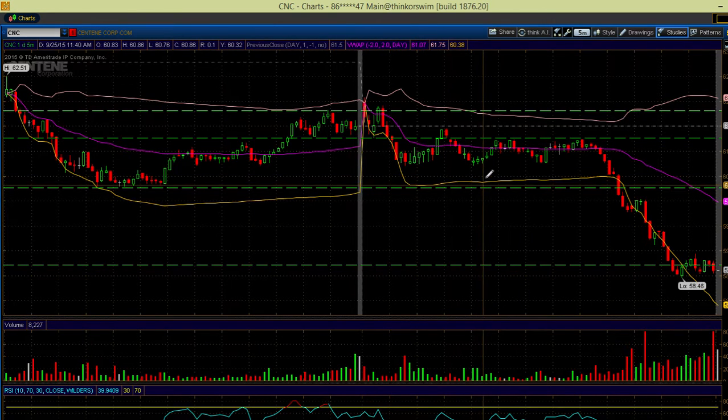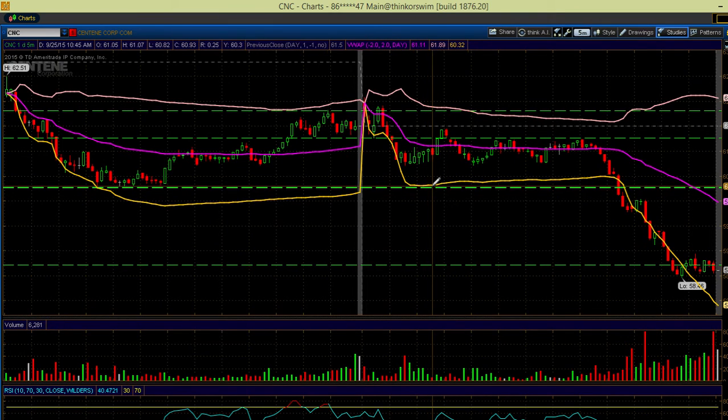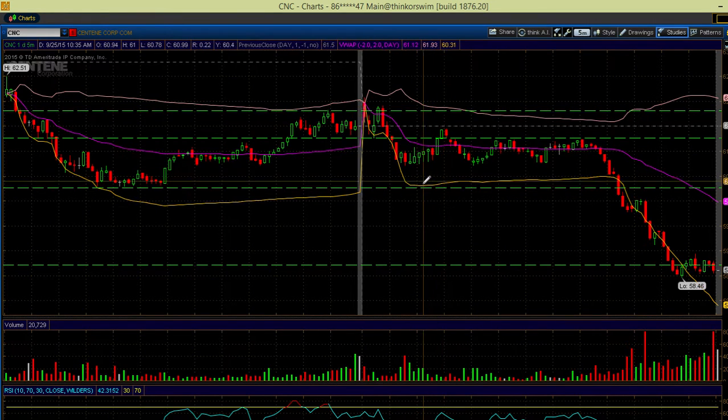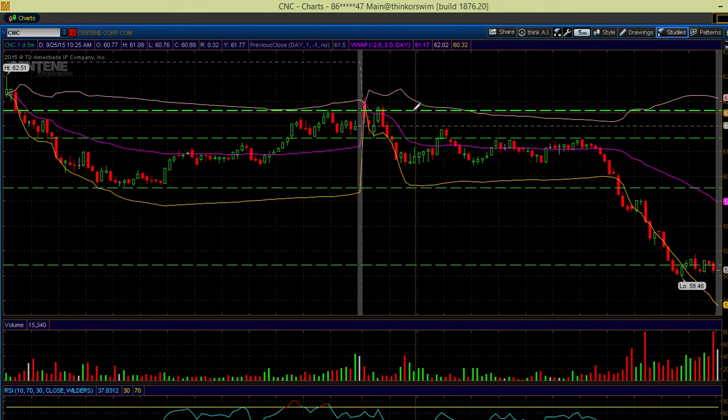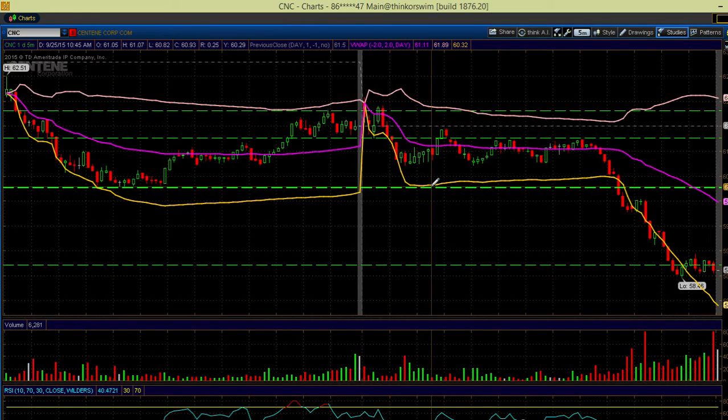I could trade a reversal to the VWAP and then trade it off the VWAP up to the upper deviation band. And then oftentimes on a reversal, I use the lower deviation band as support, because these are areas of support and resistance. These can act just like the daily chart support and resistance. These can work the same.